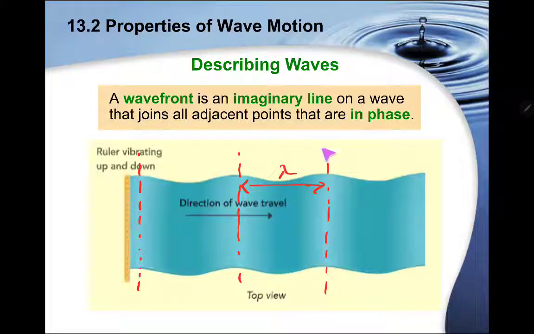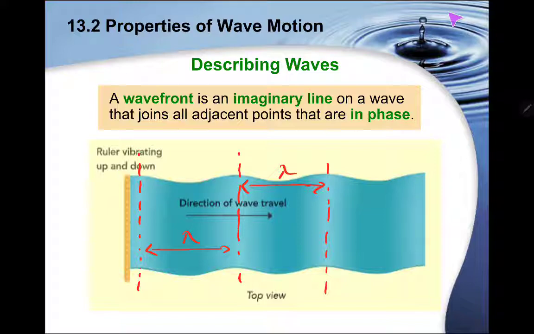The distance between two successive wavefronts will always be the shortest distance between two points that are in phase, which is the definition of a wavelength. So the distance between any two successive wavefronts is always a wavelength.